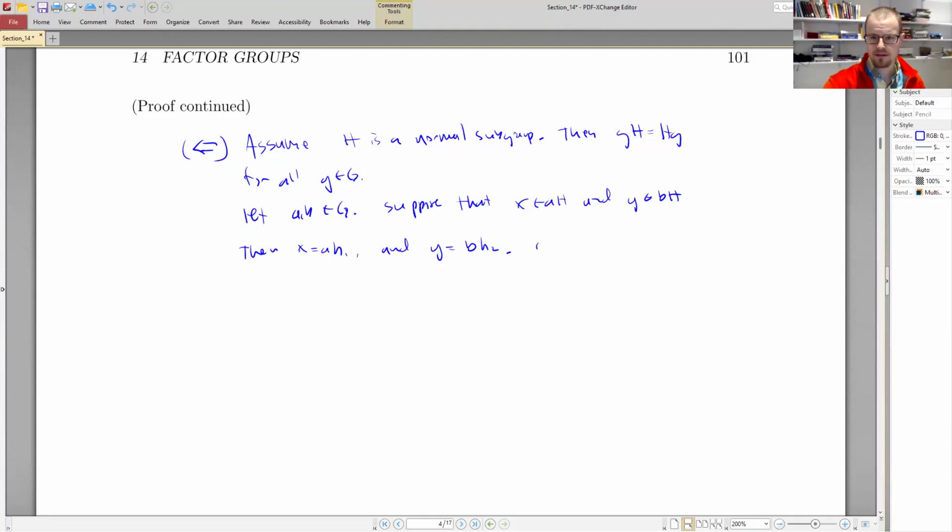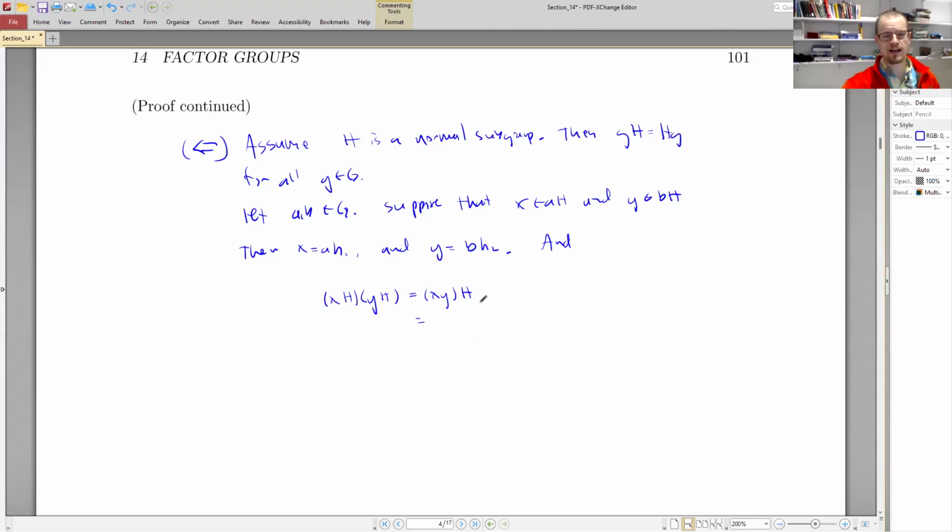I'm going to split my work up a little bit here, so hopefully we're able to follow along easily. I'm going to take xH times yH, and I would like to eventually show that this is the same as aH times bH. The definition, of course, says that this is xy times H.